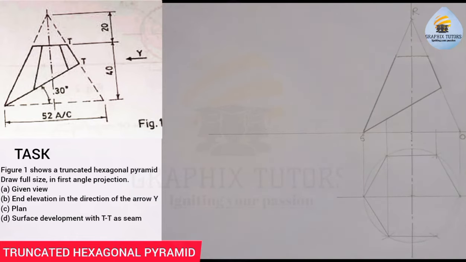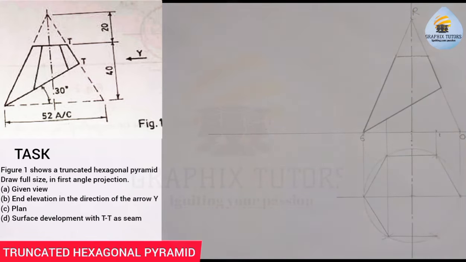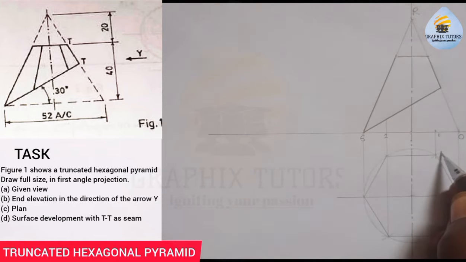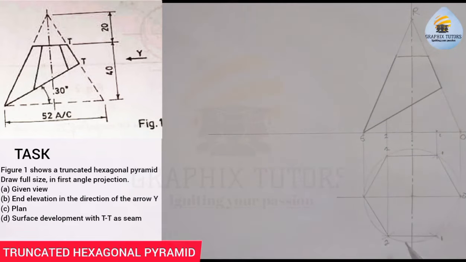Right? So what I'll just do is from this baseline here, this is 0, this is 1, and this is 2. That again 0, 1, 2. So this will be 0. Here is 1. Here is 1. Here is 2. Here is 2.